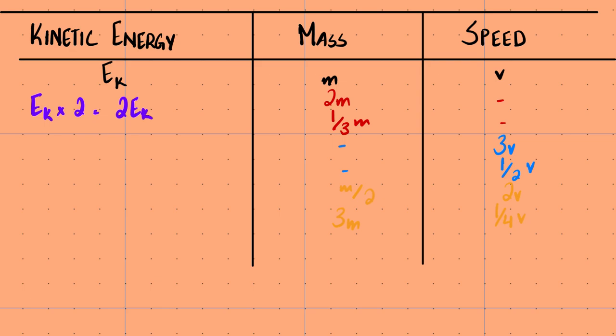Similarly, if mass becomes 1/3 of what it is, and again in both of these cases there's no change in the speed, so it's still v, then Ek becomes 0.33 Ek. Now if we talk about speed, if speed triples, the kinetic energy would increase by a factor of 3 square, so it would become 9 Ek. So 9 times whatever it was.